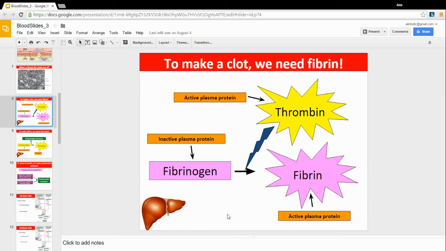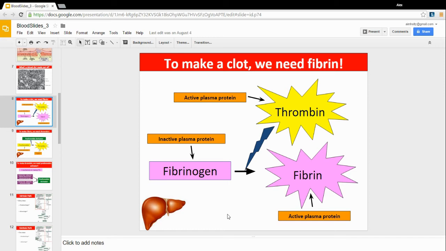All right, so we're kind of working backwards here. How do we do this conversion? This conversion is mediated by another protein in your blood called thrombin, the clot protein. So when thrombin is present, it turns fibrinogen into fibrin.